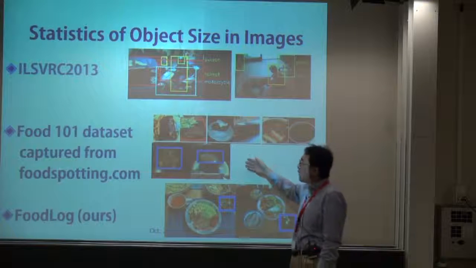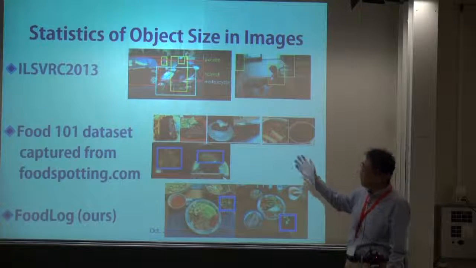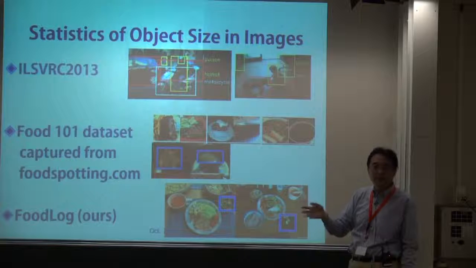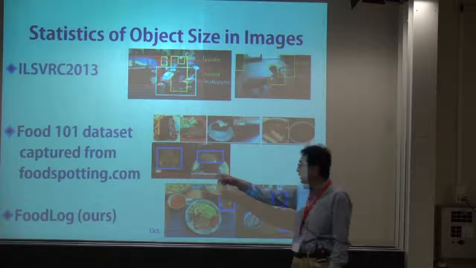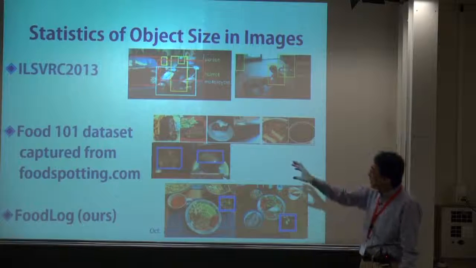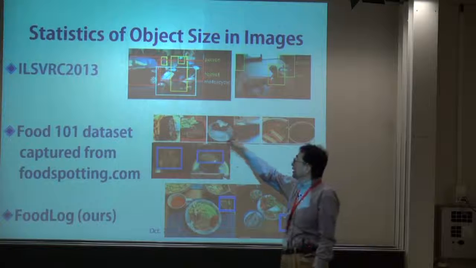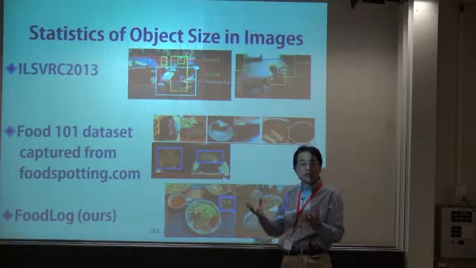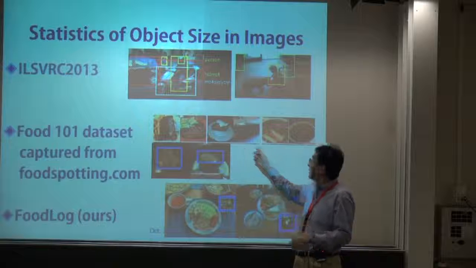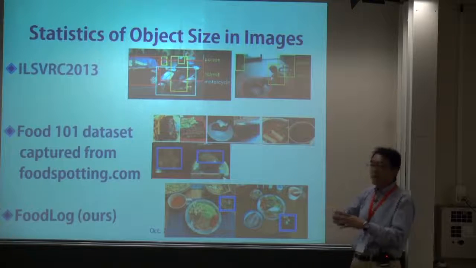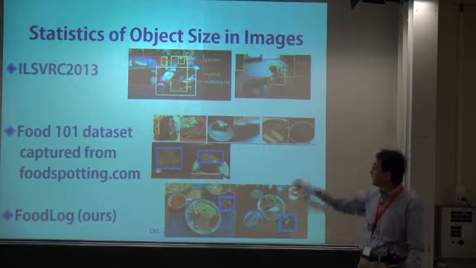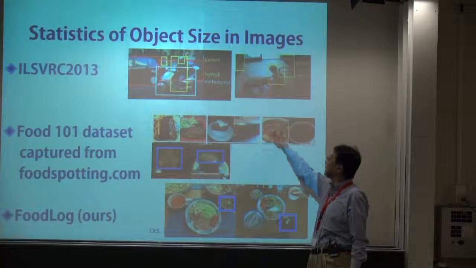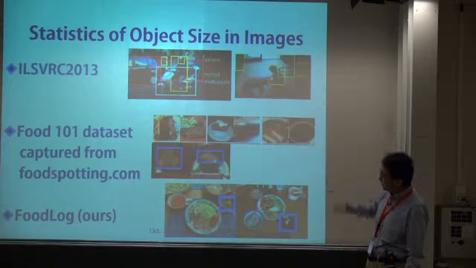But the Food-101 data set is a data set used in research on food recognition, and its pictures are captured from some internet service. Their pictures look like this. One dish is the focus of a picture, and sometimes the picture only takes a part of the dish, so the food size is larger than the picture, saturated.